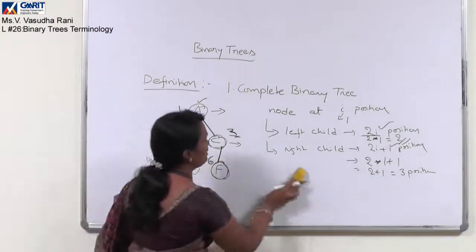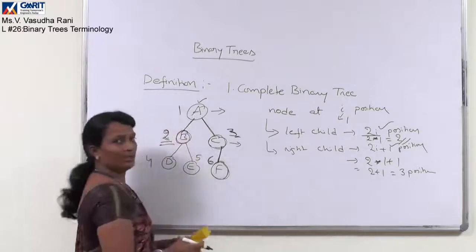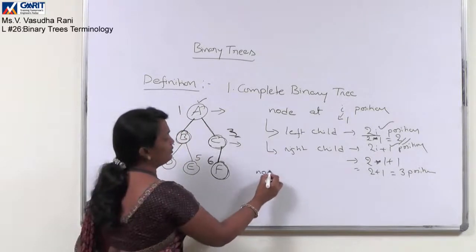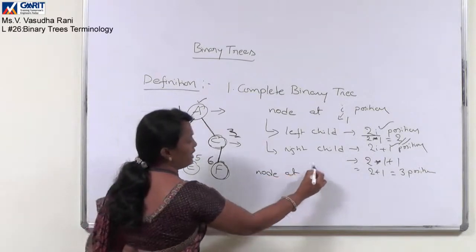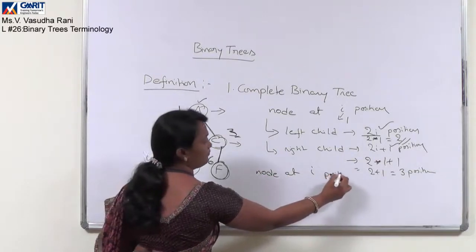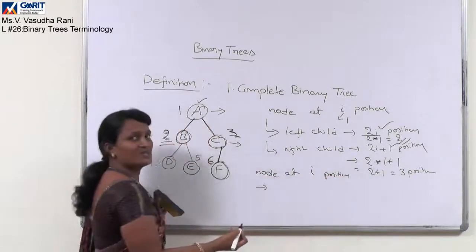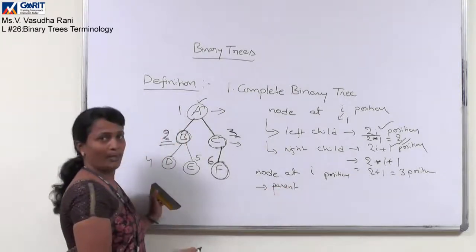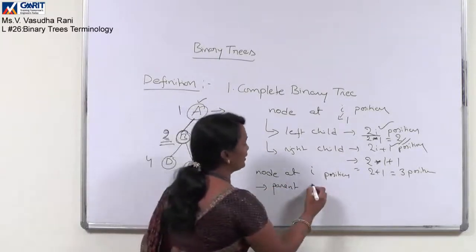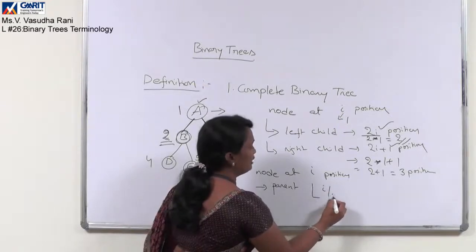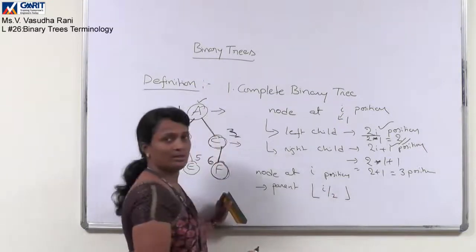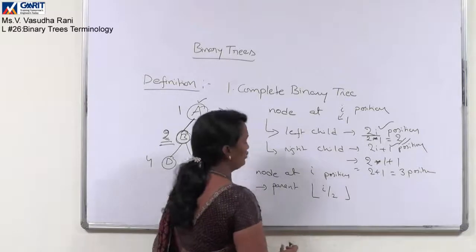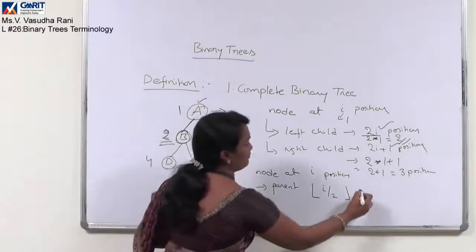And another thing is that if you know a particular node at position i, then to access its parent, it will be at the integral part of i by 2 position.